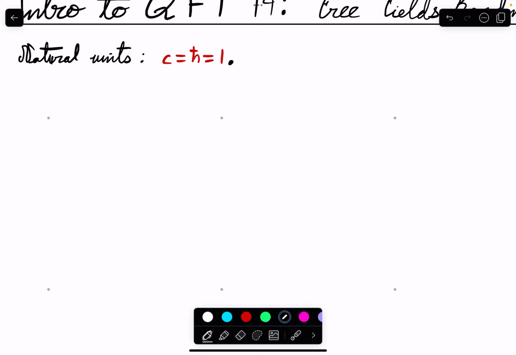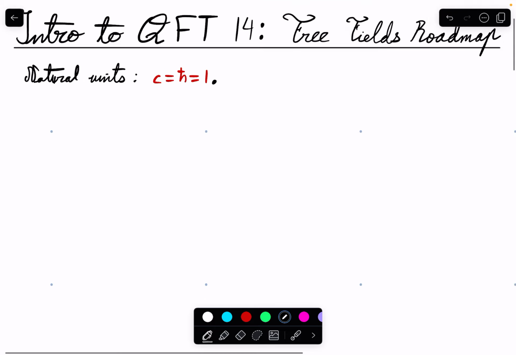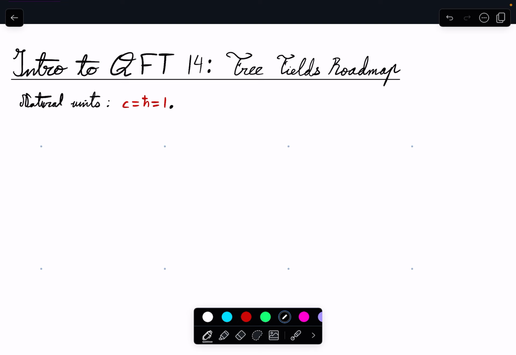You have all of these constants equal to 1. So we're going to write everything in natural units because it's easier to just write them in natural units than to try to figure out what they are in SI units, even though I think SI units are better.